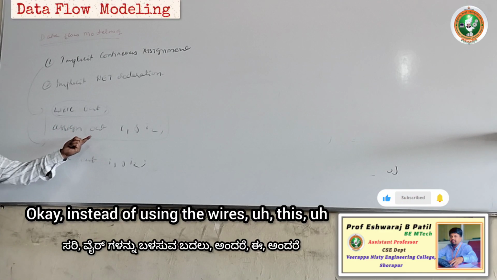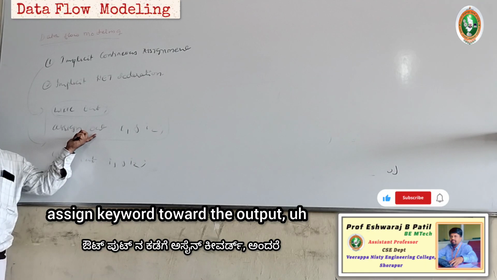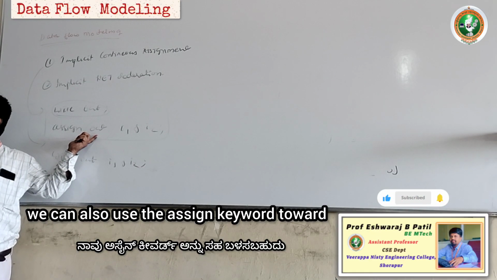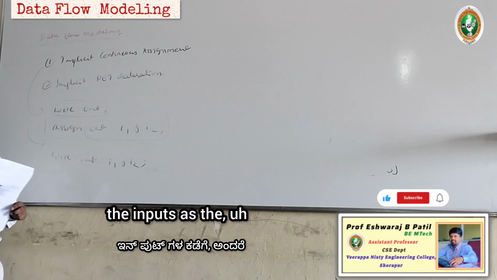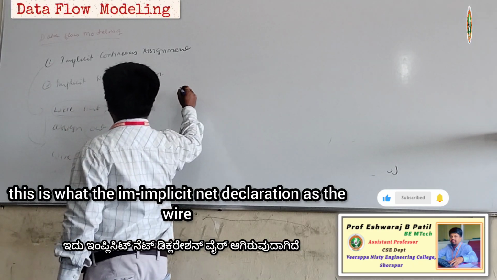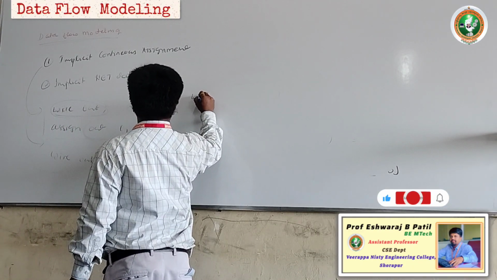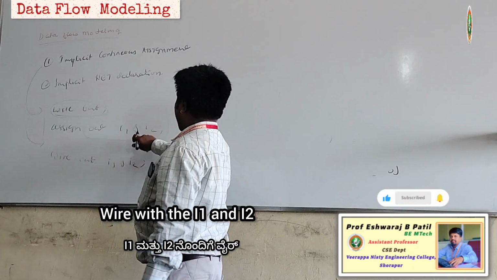Instead of using the assign keyword toward the output, we can also use the assign keyword toward the inputs. This is the implicit net declaration, wire with I1 and I2.